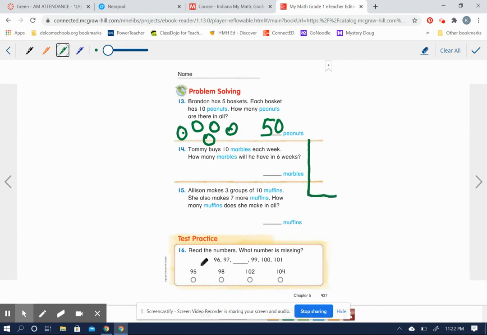Okay, not a lot of space. Okay, here we go. And there was the 6 weeks. 1, 2, 3, 4, 5, and 6. Okay, gotta make my table just a little bit bigger.